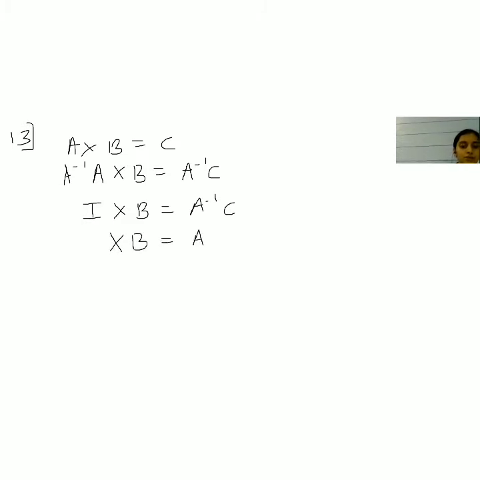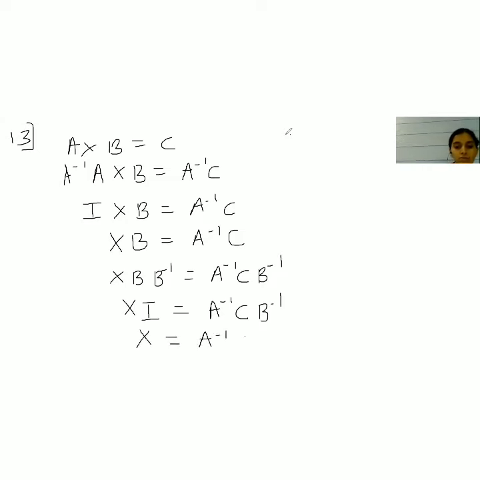Now the next step will be to multiply by B inverse, so XB B inverse is equal to A inverse C B inverse. XB B inverse is again I, so X into I is X, which is equal to A inverse C B inverse.